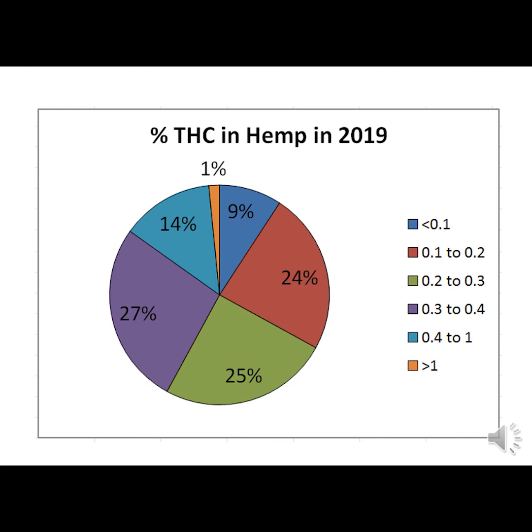That was varieties that produced greater THC compared to the previous year. Another factor may be the weather. There's some discussion that the droughty conditions we saw in the early fall may have caused some stress in the plants that caused an increase in the THC concentration.